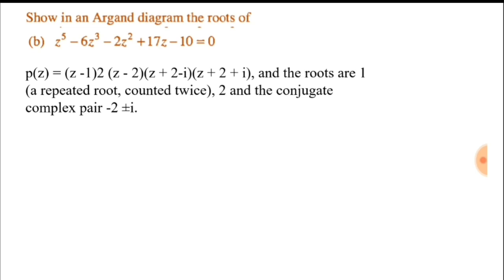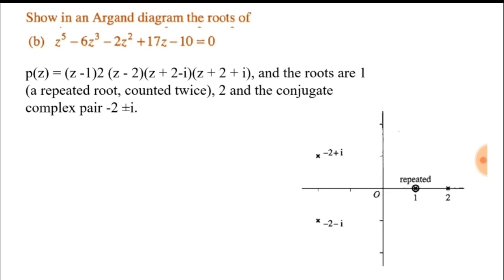These 5 roots can be represented as shown in the figure. We can see on the x-axis the roots 1 and 2, and on the left side of the y-axis we can see the 2 roots, totally 5 roots.